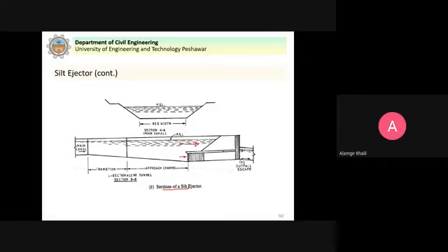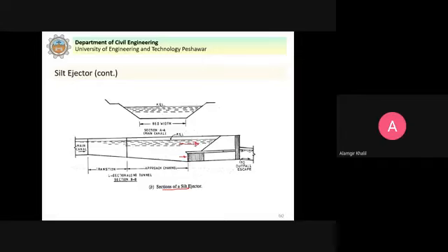Now this second discussion is taken from the book by Dr. Iqbal Ali, Irrigation and Hydraulic Structures, Theory, Design and Practice. The following considerations should be kept in mind while selecting a site for a barrage or weir, because barrages are nowadays constructed, so mostly our focus will be on barrages as compared to weirs.